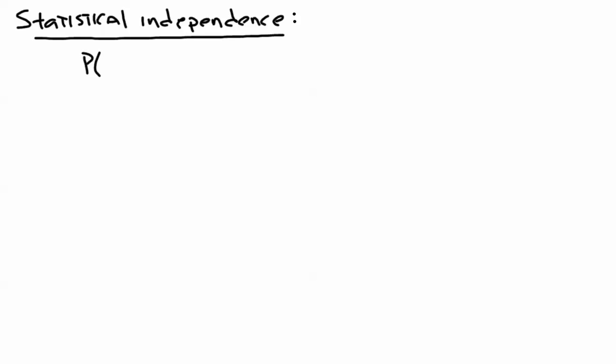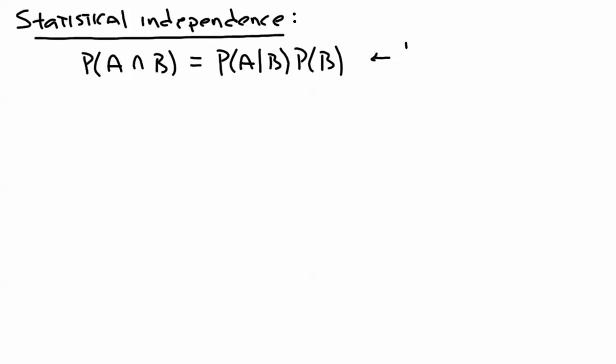It says the probability of A and B equals probability of A if B times probability of B. This is my definition.